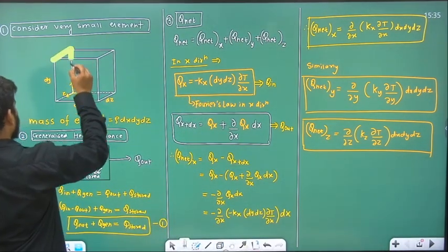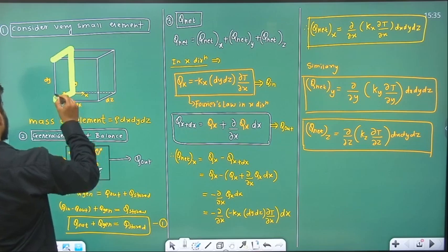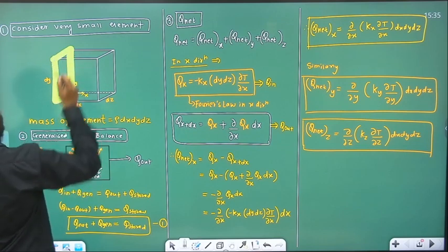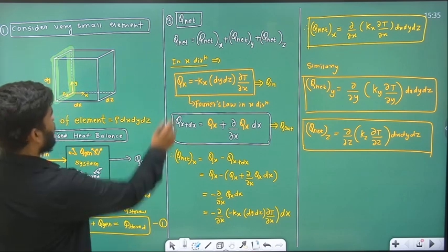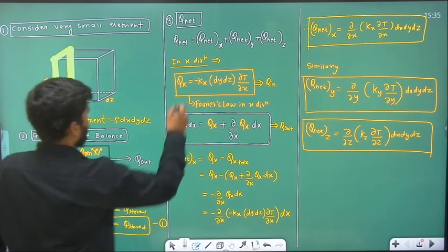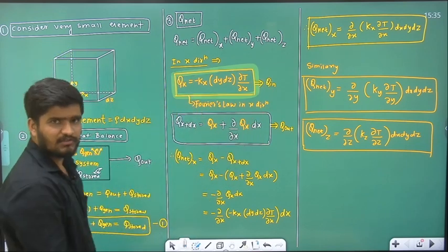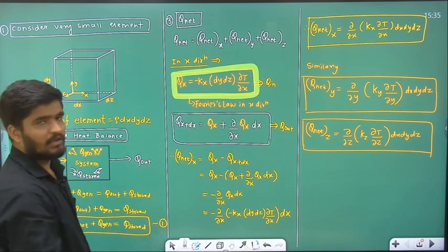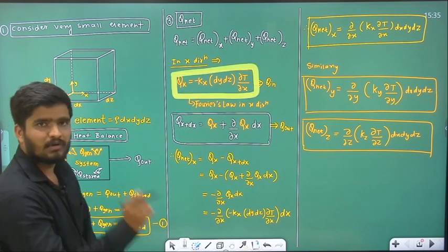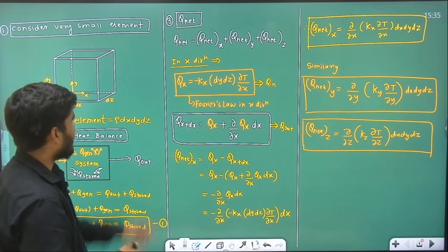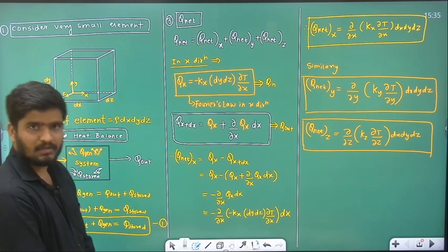This is the face where I will consider heat is entering, and that is calculated by using this formula, that is Fourier's law of heat conduction. We know that in Fourier's law we have to consider thermal conductivity, and that I have considered in x direction.